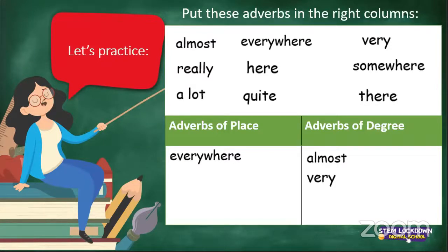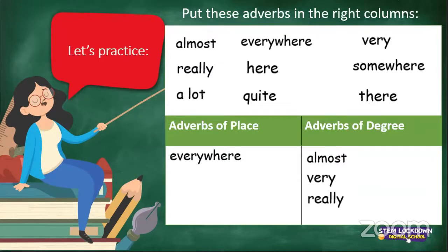Okay, 3, 2, 1, go. Degree, degree, place. Really, if you are not sure, make a sentence with it. Remember, a place tells us where. Degree tells us to what extent. So really would be an adverb of degree.